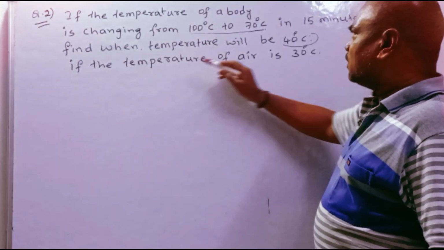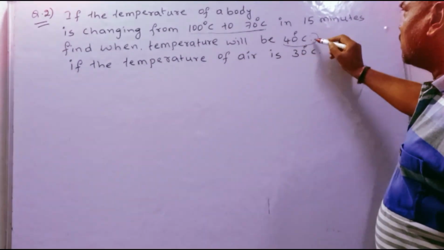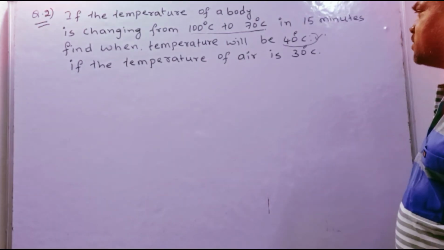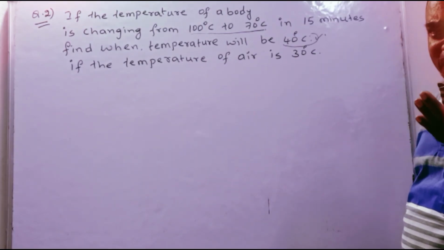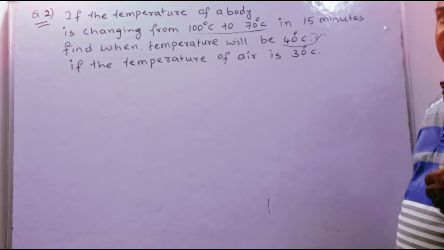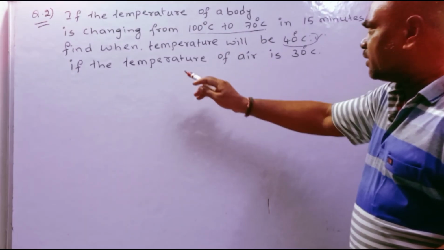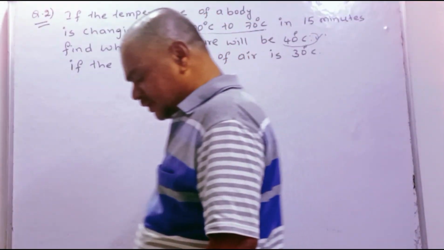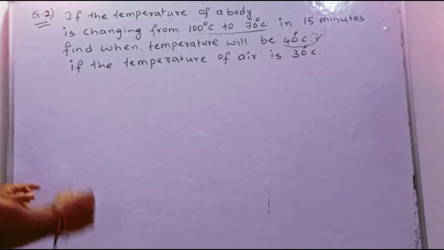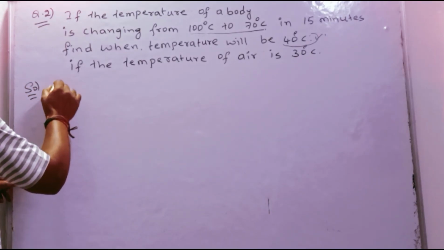Find when temperature will be 40 degrees means we have to find time. In the previous problem, time is given and we have to find the temperature of the body.